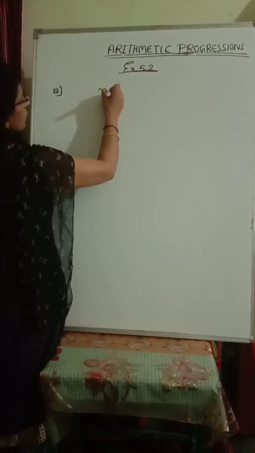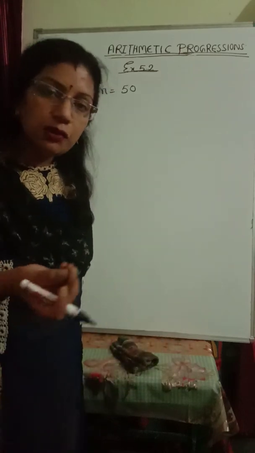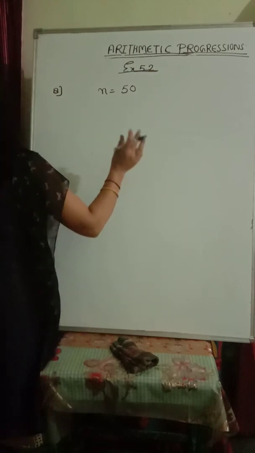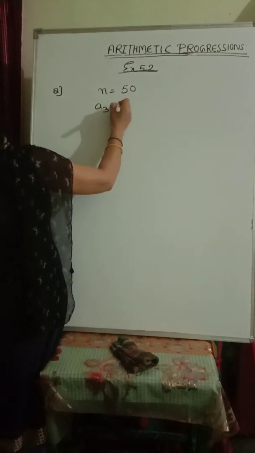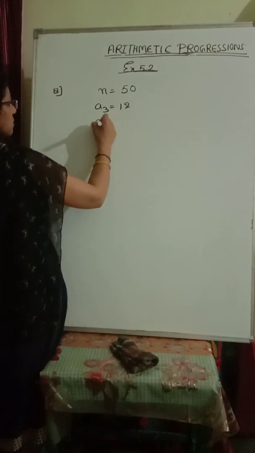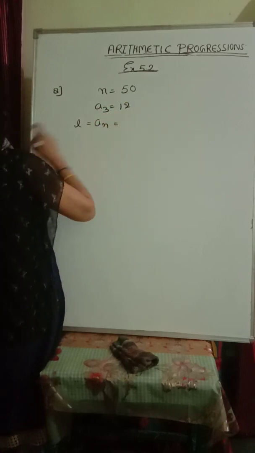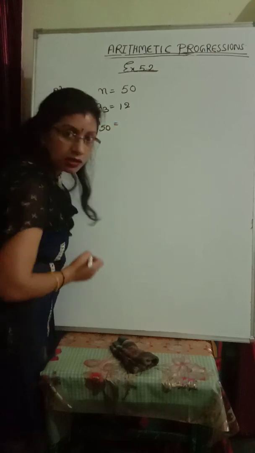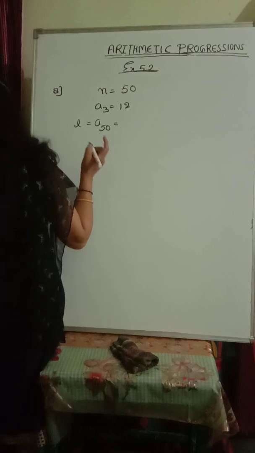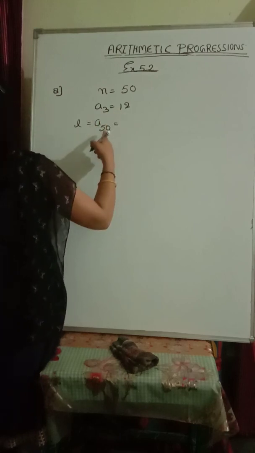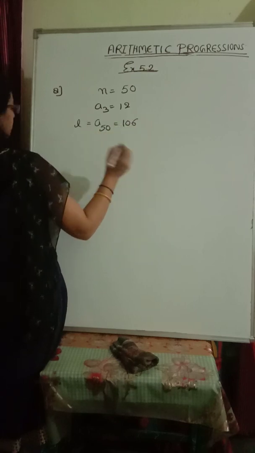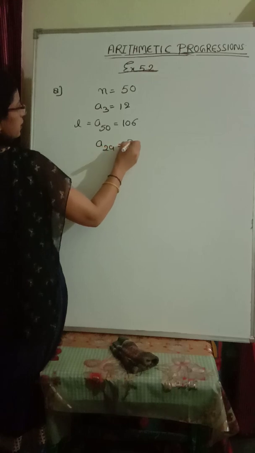So the total number of terms given to you is 50. So what does that mean? The nth term is the 50th term, the last term, which is also called l. In the 50 terms, the third term is 12 and the last term is 106. Find the 29th term.